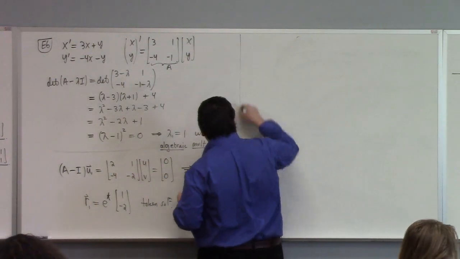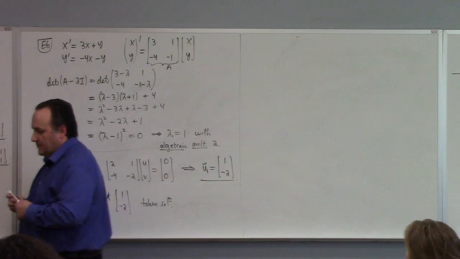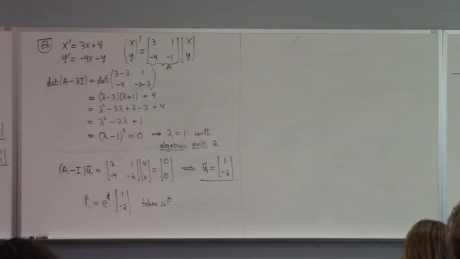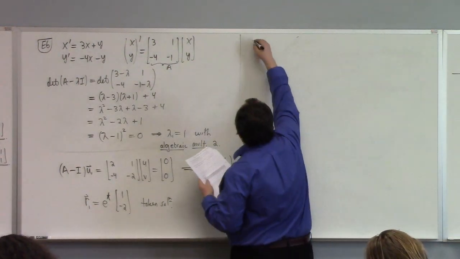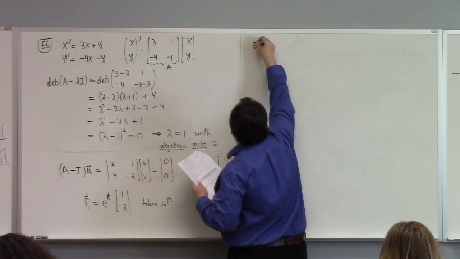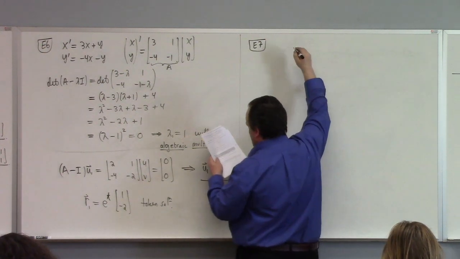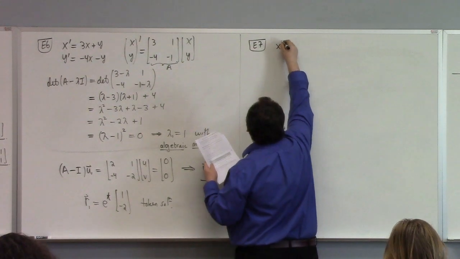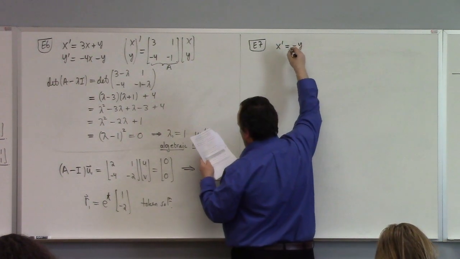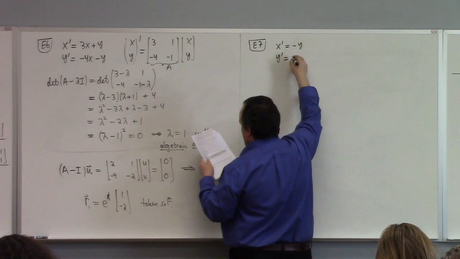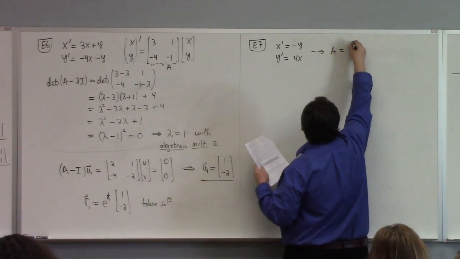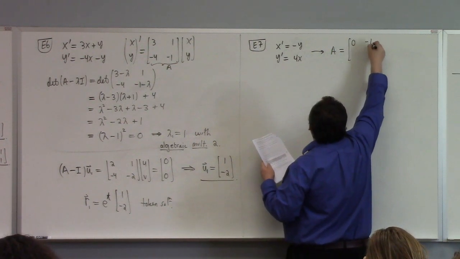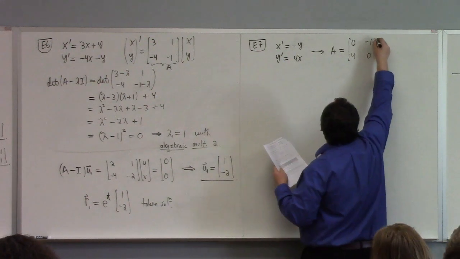So that's one problem. The other problem with the 2 by 2 problem is we could end up with a complex eigenvalue. All right? So, example 7, if we had x prime equals minus y, and we had y prime equals 4x, that gives me A is 0, minus 1, 4, 0, like that.